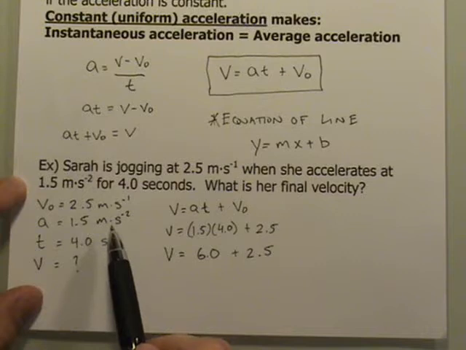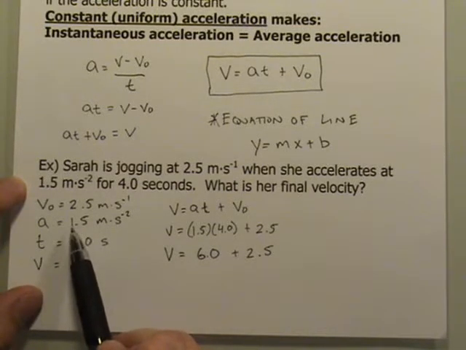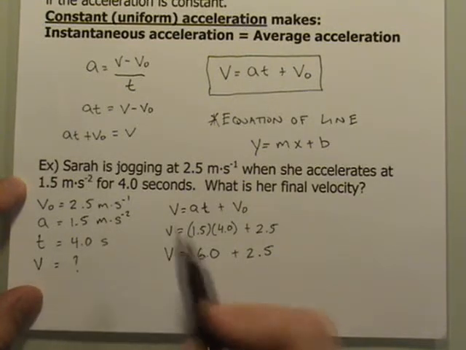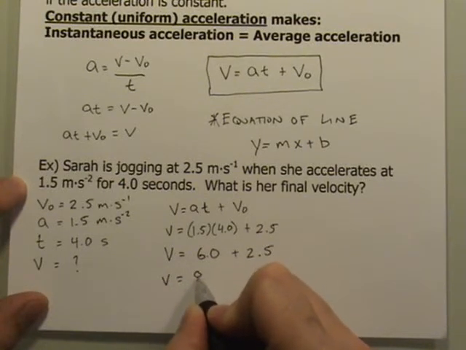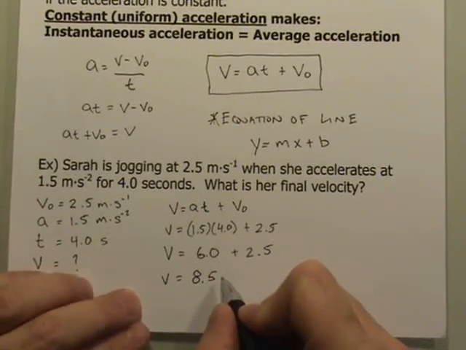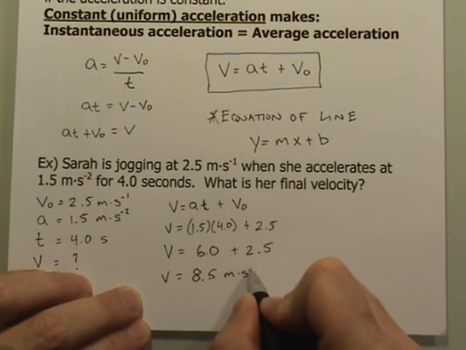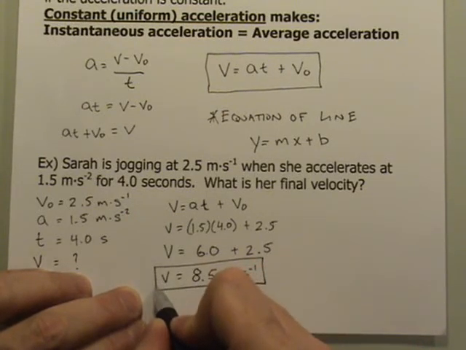For every second that I move, or Sarah moves I should say, the velocity will increase by 1.5 meters per second. So for 4 seconds, that will give me 6 meters per second increase, and my final answer then, since she was already moving at 2.5, then I'll end up with 8.5 meters per second, and that's my final answer.